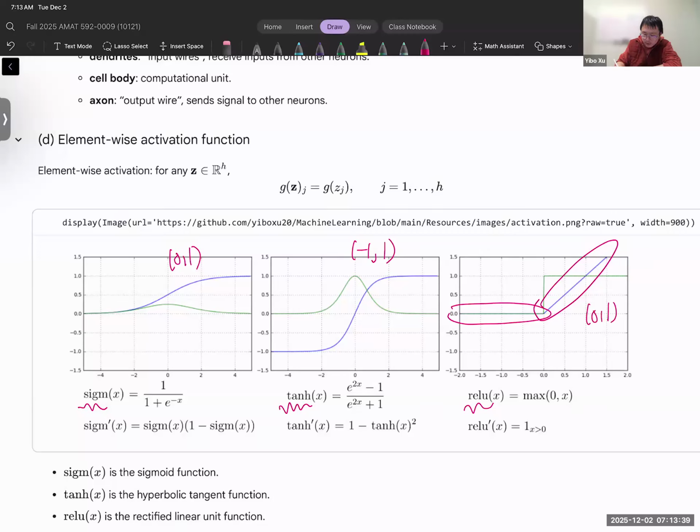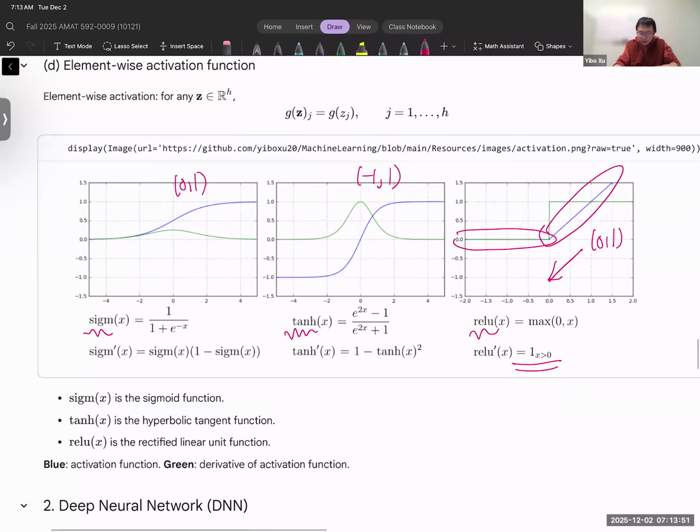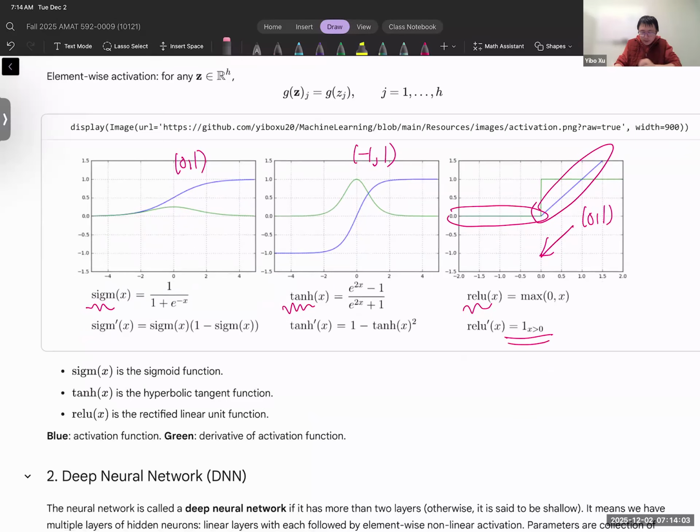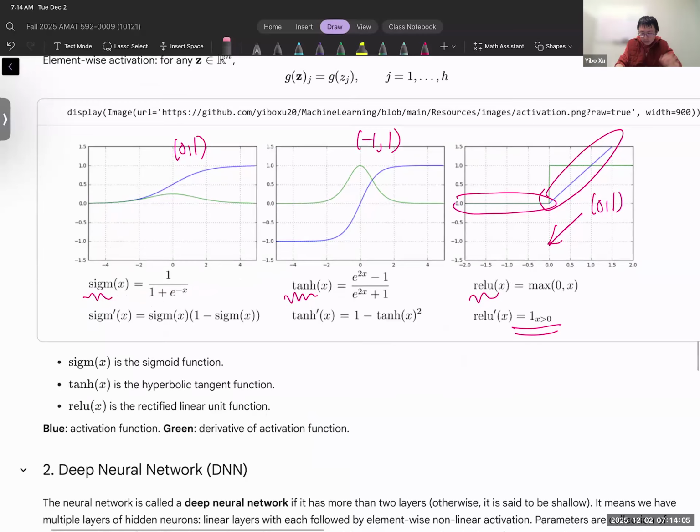But now notice the gradient is 1 on the right hand side. So if you want to go in the negative gradient direction to minimize, everything works. ReLU is nice because it has a constant derivative everywhere except at zero, where it's not differentiable. But basically, all these activation functions can work nicely.